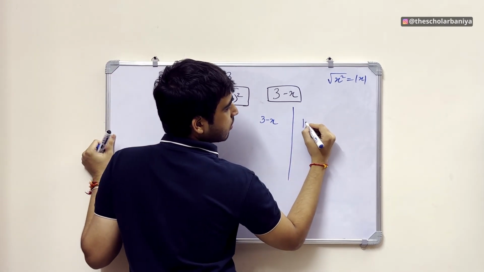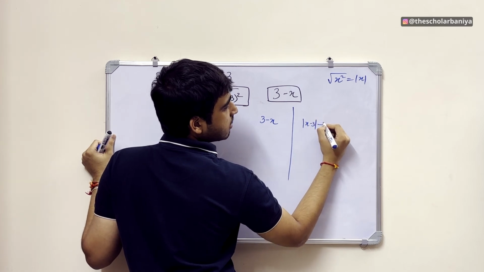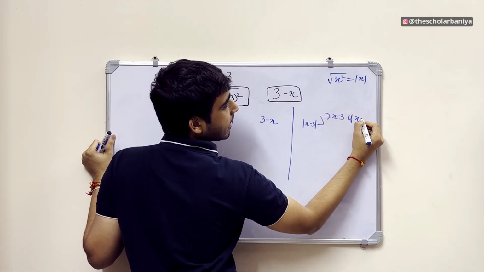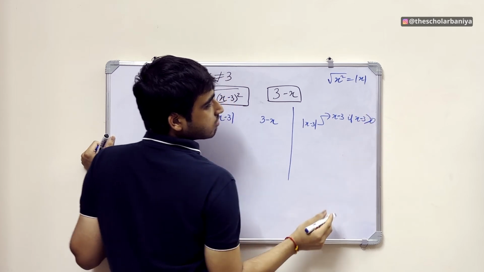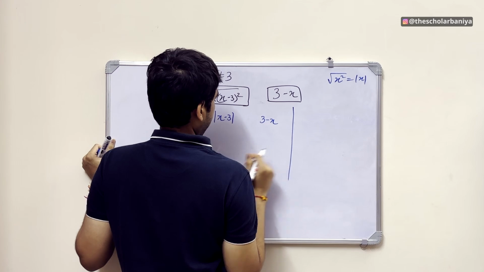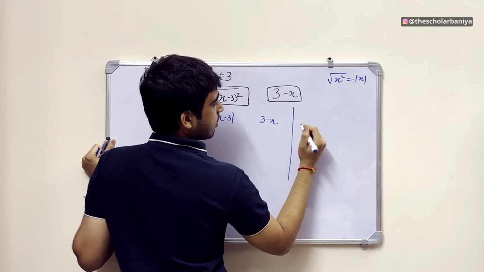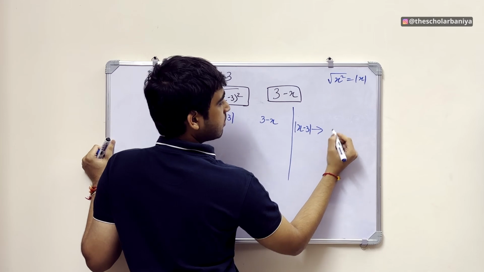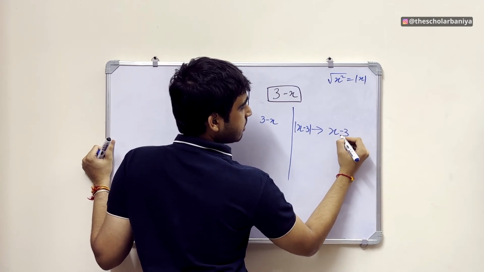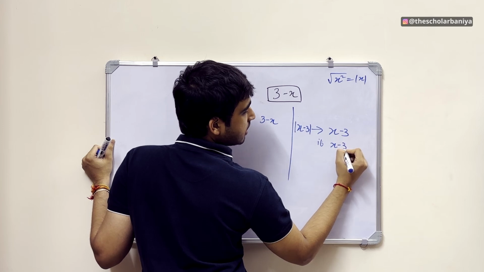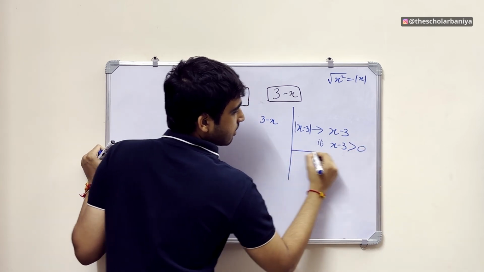Mod of x minus 3 will be x minus 3 if x minus 3 is greater than 0, right?